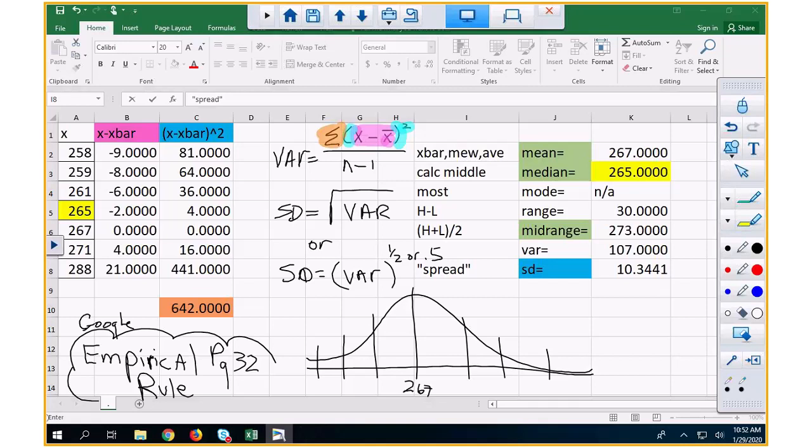So I'm going to add somebody. Now I'm not going to add 10.34. You do that in your notes. But I'm going to add 10. So that's going to be 277, 287, 297... The 3 dots means you add the decimals. I'm not going to do that. Okay?